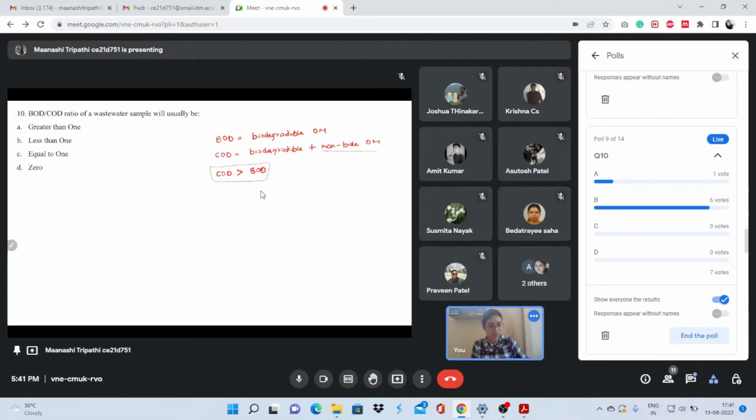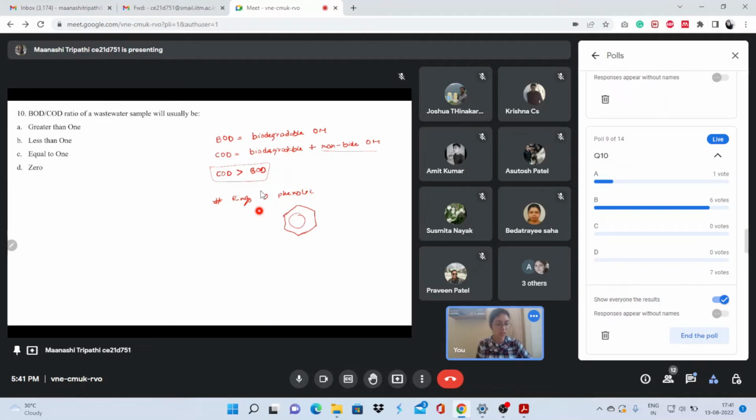So one extra piece of information: when we do the COD test, these rings mean phenolic compounds, benzene ring, phenolic compounds. These compounds are not oxidized. So if these compounds are present in water, COD won't come.